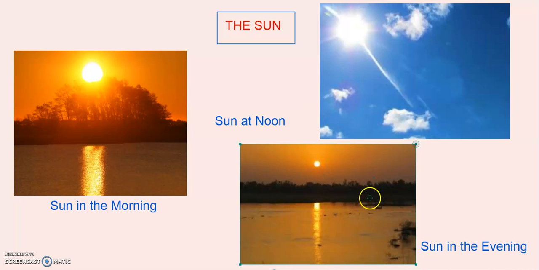We don't feel that warm in the evening because the sun sets in the evening time. And how do you feel in the winter? Yes, it is very cold. How do you feel in the summer? Yes, due to the sun's heat, and the sun shines directly over our head, so we feel very warm in the summer.